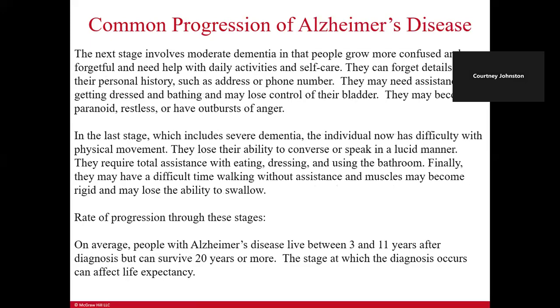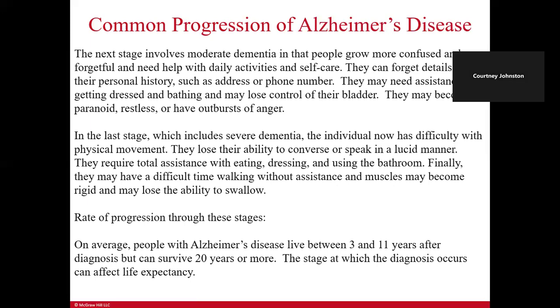The next stage is moderate dementia. Forgetting details of personal history, address, phone number, might need help getting dressed, bathing, may lose control of their bladder, also might become paranoid, restless, having outbursts of anger. Then the last stage is going to include severe dementia. They have difficulty with physical movement.